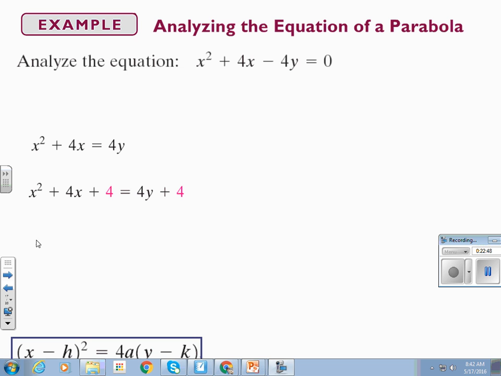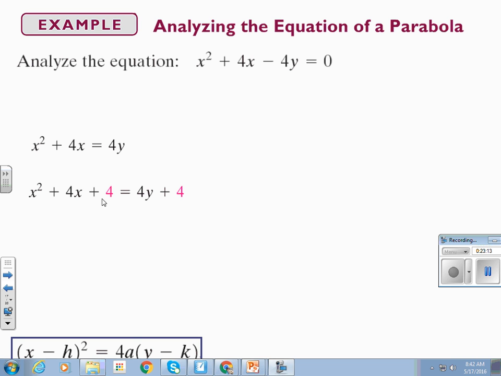So we look at our x term, we divide it by 2, so 4 divided by 2 is 2, and then we square it to get 4. So always take your middle term, divide by 2 and square it. So that means we add 4 to each side.